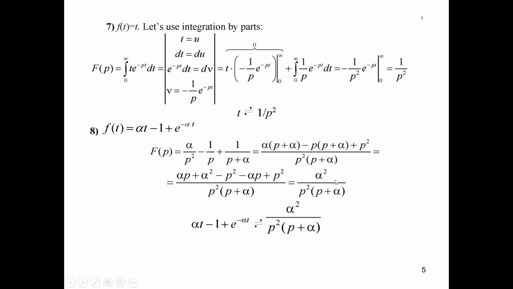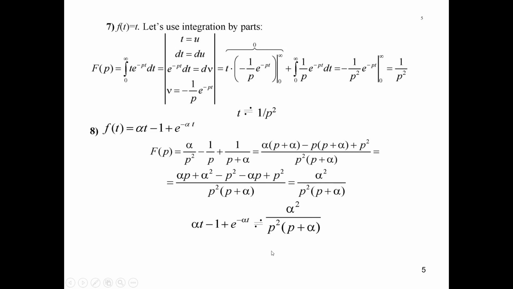And then let's rearrange it. It will be alpha p for this plus alpha power 2 minus p power 2 minus p alpha and plus p power 2. p power 2 and p power 2 will be cancelled. Yes, alpha p and alpha p will be cancelled also, and we will have only alpha power 2 in the numerator. The denominator will be p power 2 multiplied by p plus alpha.